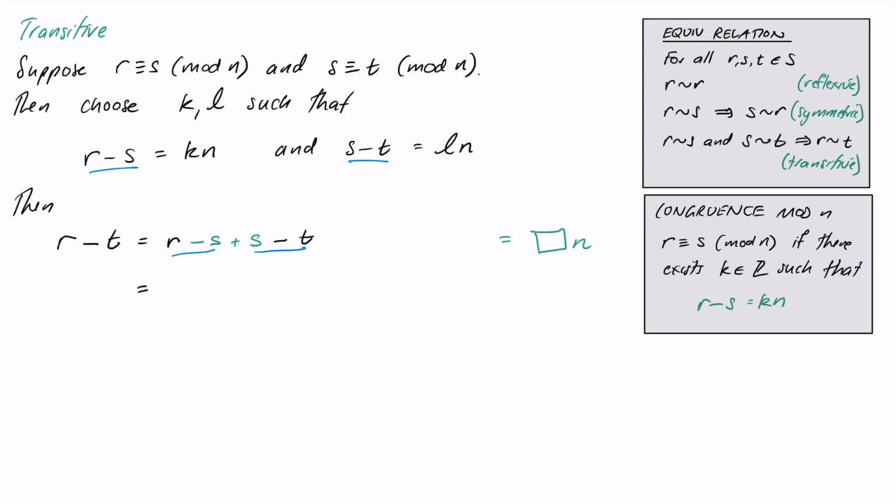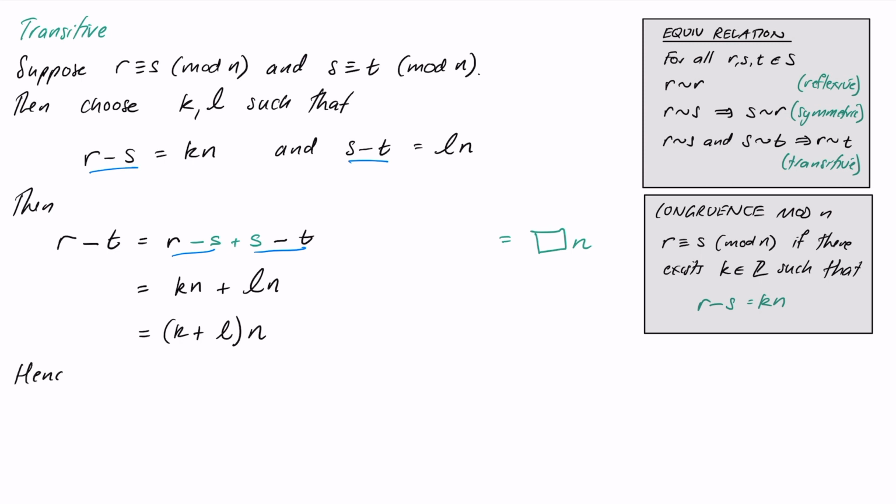So that means we can go ahead and substitute in for the pieces. So that's got R minus S, we know that's equal to k times n. S minus T, that's equal to l times n. And remembering that we're aiming for something times n, we can take that one step further and say that's equal to k plus l all times n.